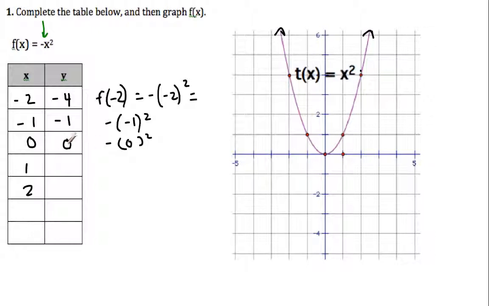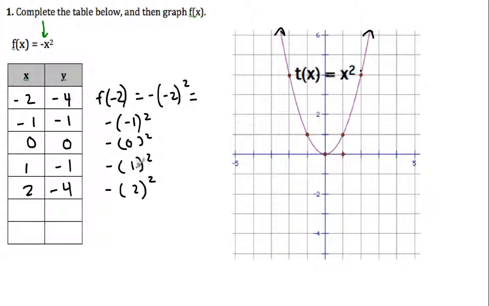So this is 0. This is negative 1 squared. So this is 1, and then we attach the negative. So this is -1. And then this is negative 2 squared. 2 squared is 4, but we have the negative, so it's -4.